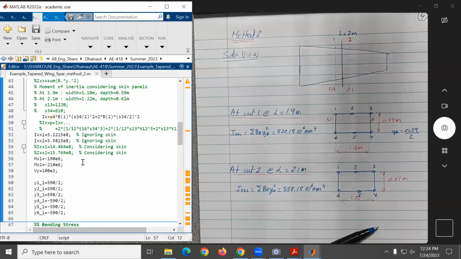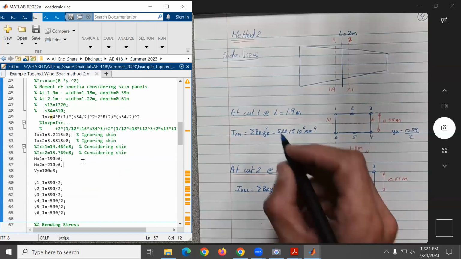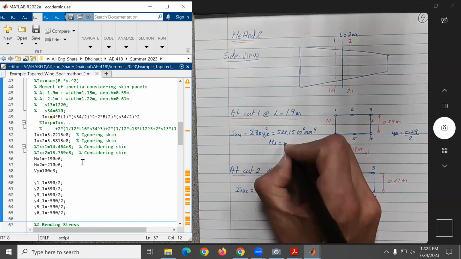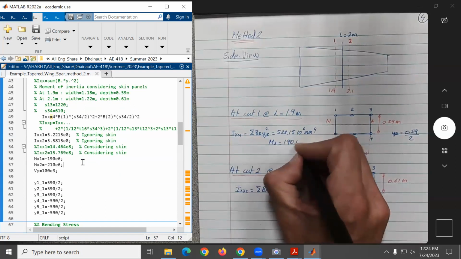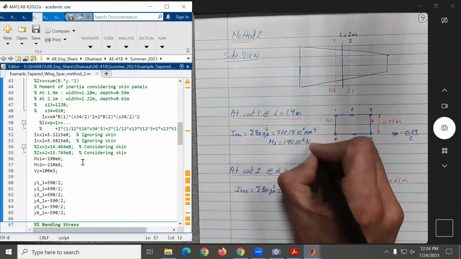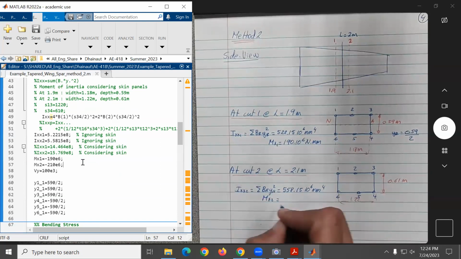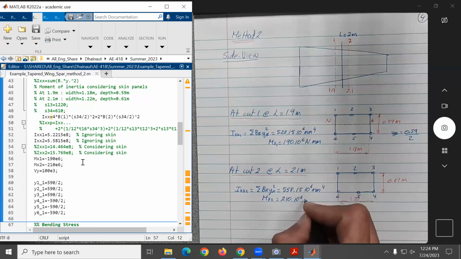So from here, we're going to have MX1. What do we have here is 190 times 10 to the 6 newton millimeters. So MX1. MX2 equal to 210 times 10 to the 6.